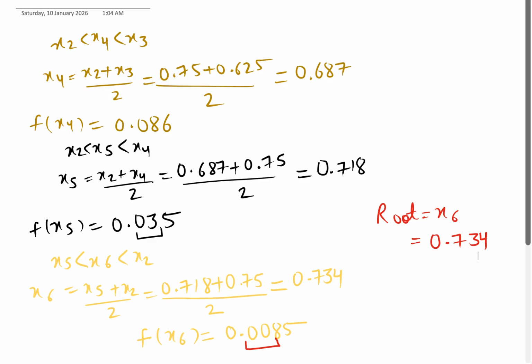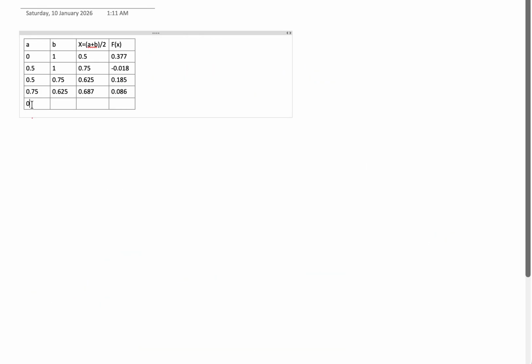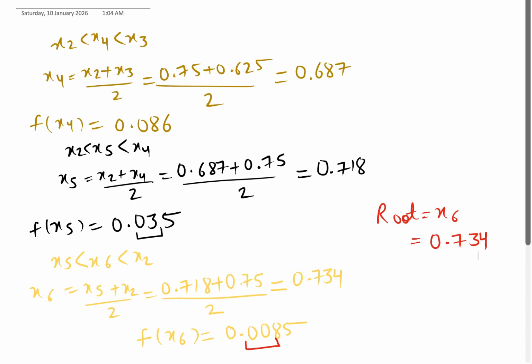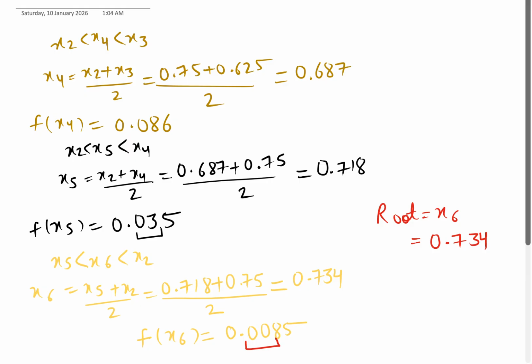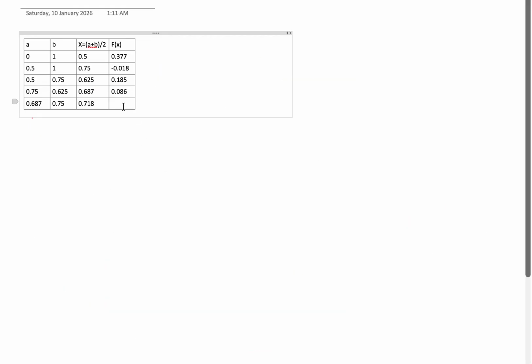Then 0.687, 0.75, 0.718, and the answer is 0.035.